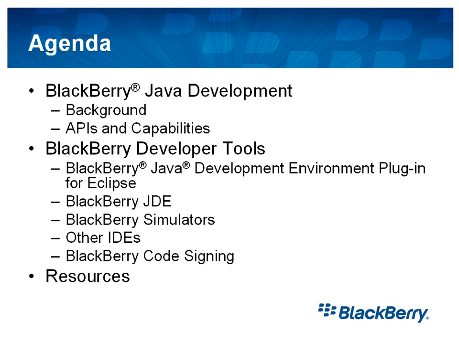We've also got the Blackberry simulators, other IDEs that you can use for development, and then a little about Blackberry code signing so that we get all of the potential hurdles out of the way within this presentation so that you're ready to go. And last but not least, we're going to cover some of the resources that are available to you once you've listened to this presentation and want to take this to the next level.